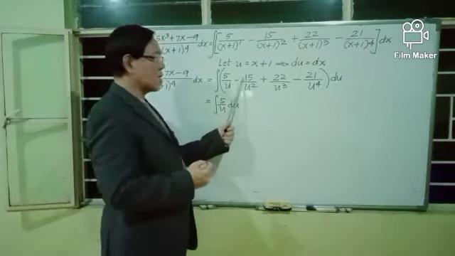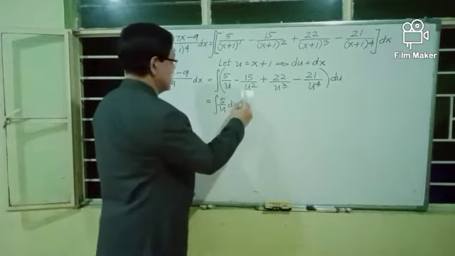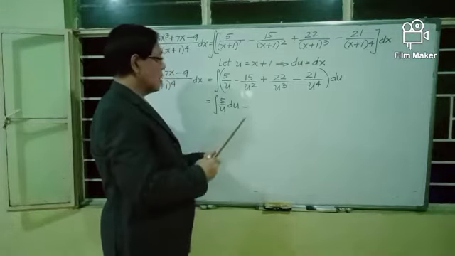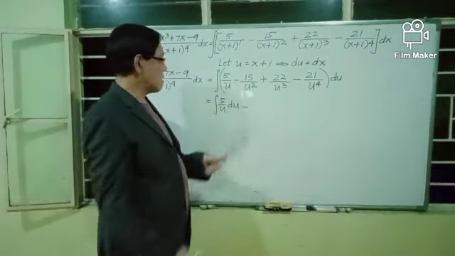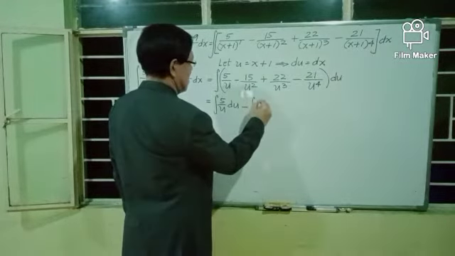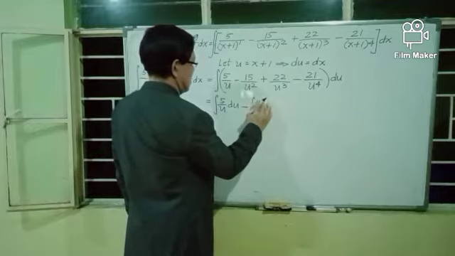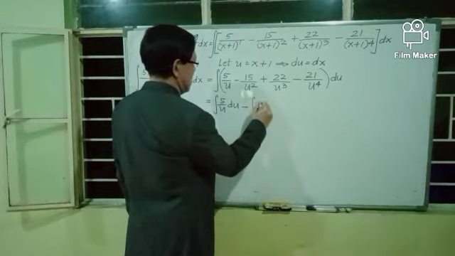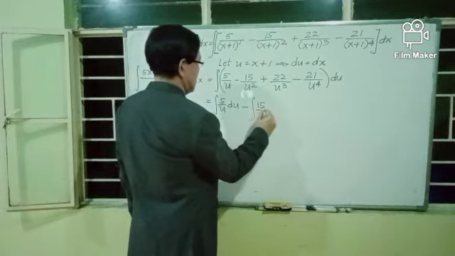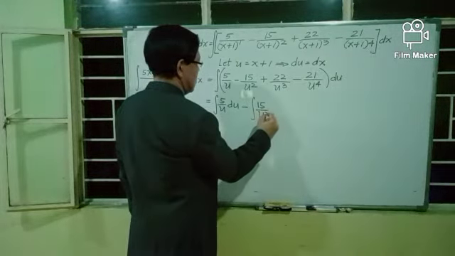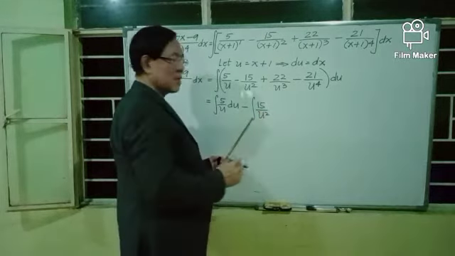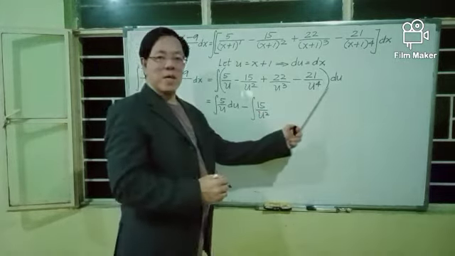Minus the integral of 15 over u squared. And 15 is a constant. We integrate 15 over u squared with respect to u.